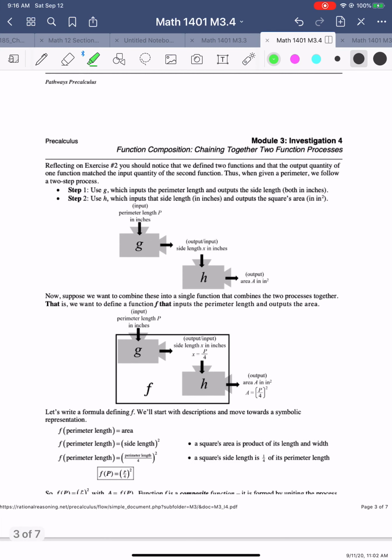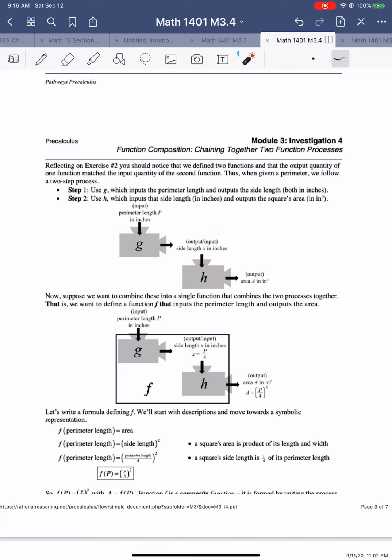As in this picture, you have two factories, two machines. If you put an input into the g function, you get the output from the g function, but that output becomes the input again for the h function to come out as output.